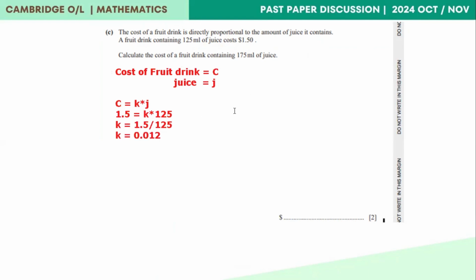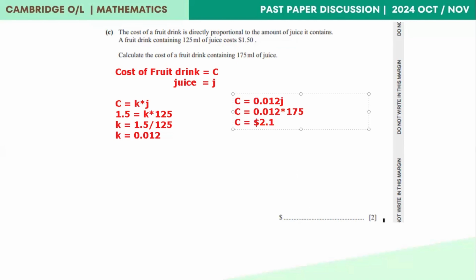Now we know our equation: C equals 0.012 J. Now we are calculating the cost for 175 milliliters. That would be 0.012 into 175, so the answer would be $2.1.